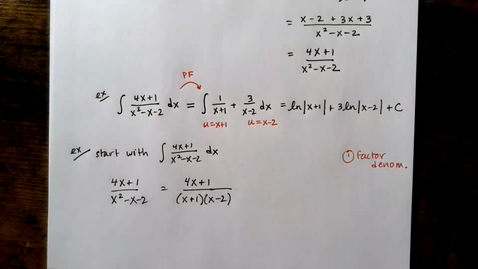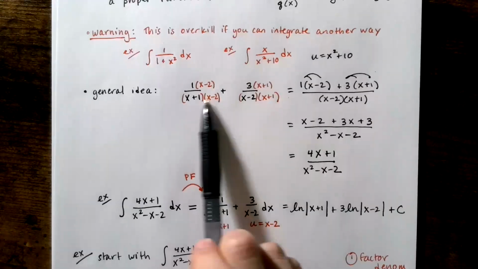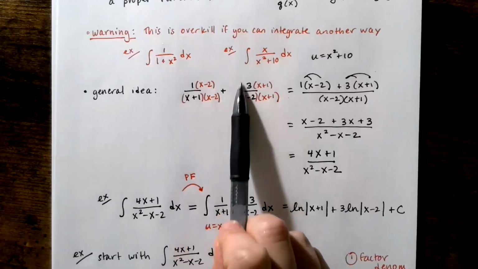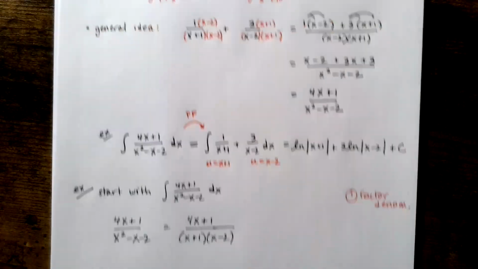And I know through some details that we'll flesh out later in this video that something like this, looking at its denominator, can be written as the sum of two proper rationals, where this is one little denominator and this is the other little denominator. So we can tell by looking at this that it had this structure. We just don't know that the 1 and the 3 are the numerators. These parts are the mystery we need to solve.